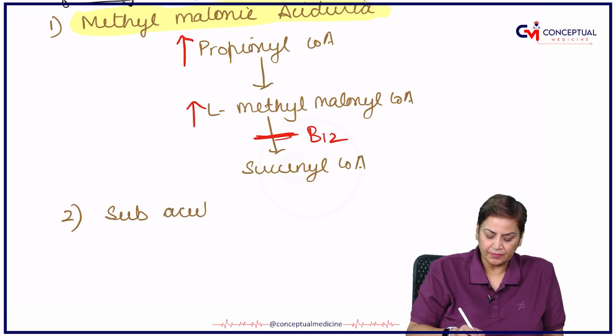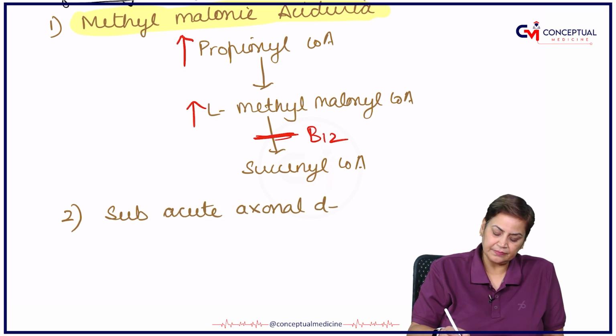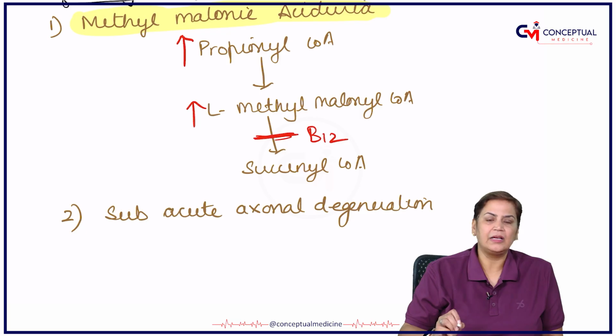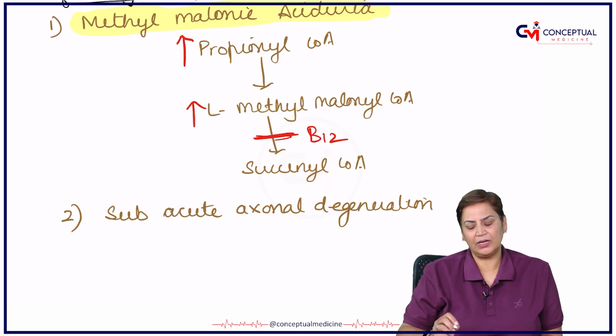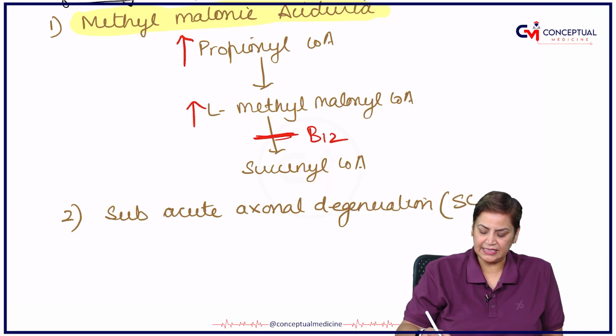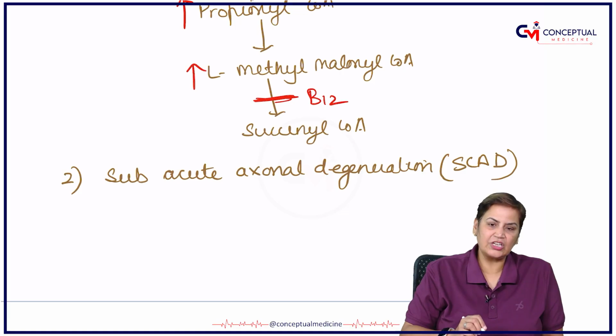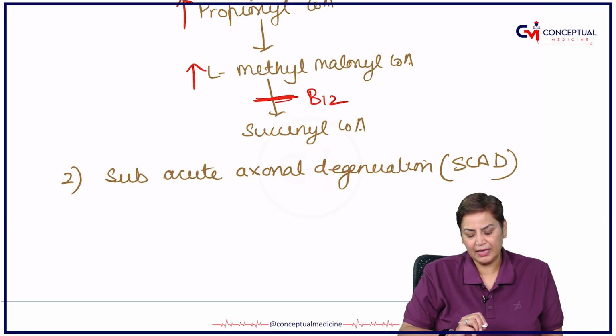subacute combined axonal degeneration, or SACD. Why? Because here, increased concentration of propionyl coenzyme A and methylmalonyl coenzyme A will lead to excessive myelin sheath breakdown.